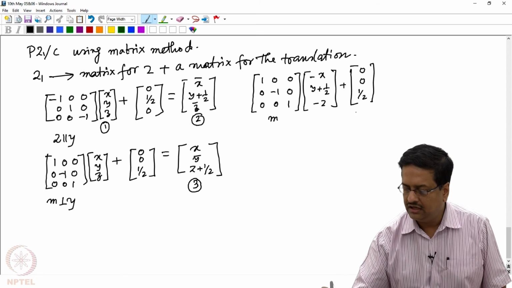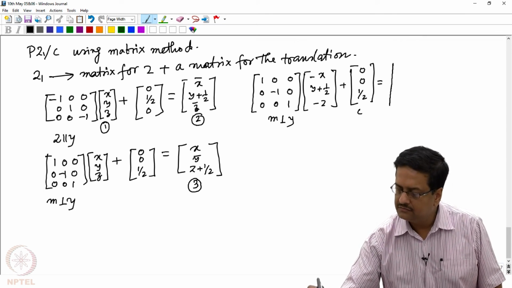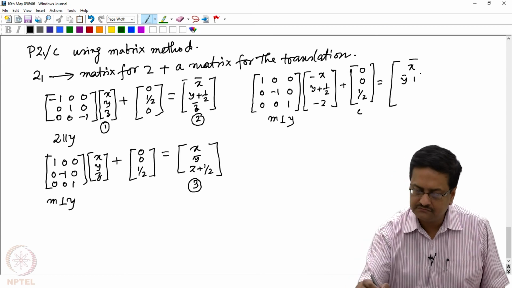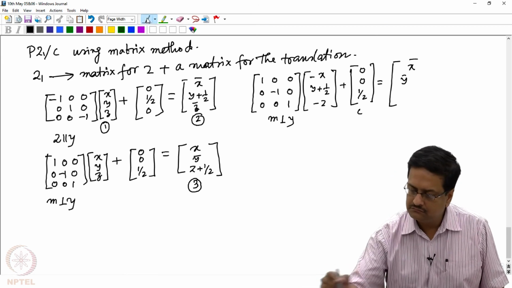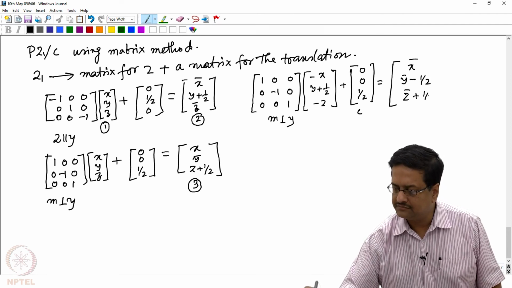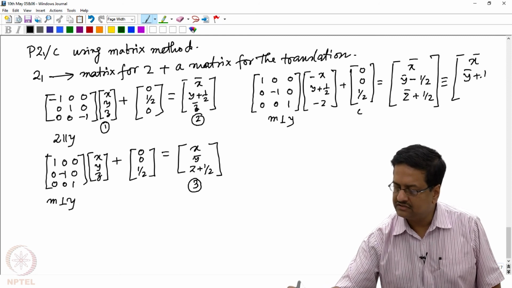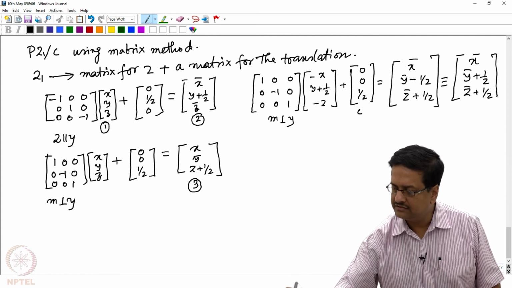So, mirror and C. So, what we end up getting is x bar, y bar plus minus half, z bar plus half, which is actually equivalent to x bar, y bar plus half, z bar plus half, and that is my point number 4.